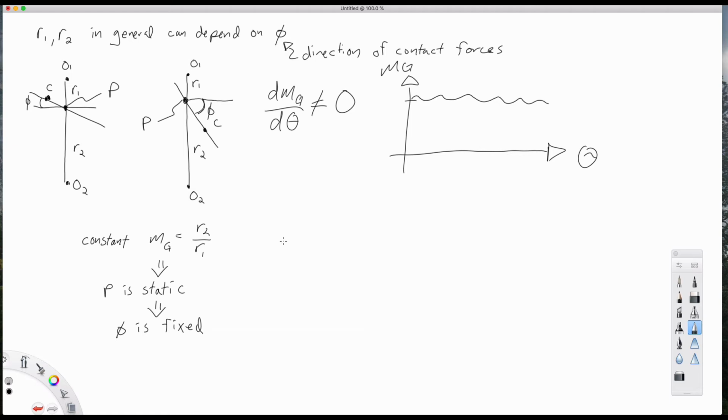So what do I mean by that specifically? Suppose we have two curved surfaces coming into contact at a point. And at that point, they're going to have a common normal. And at least in the gear tooth contact case, the forces are going to be pointing in the direction of this common normal direction.